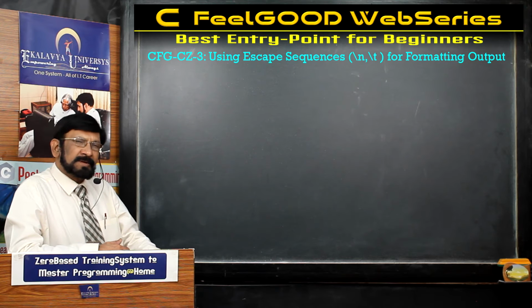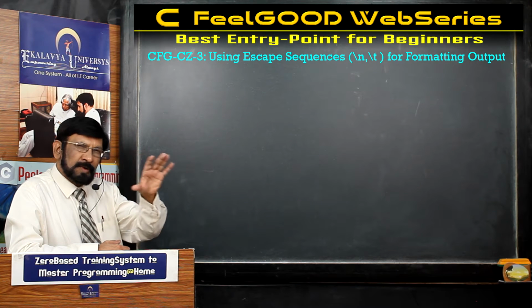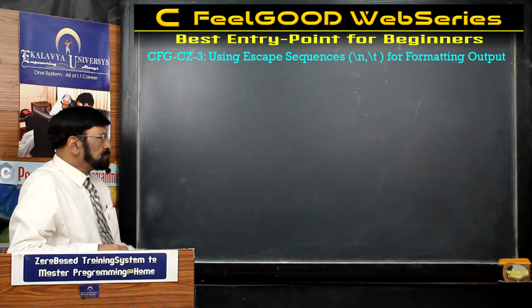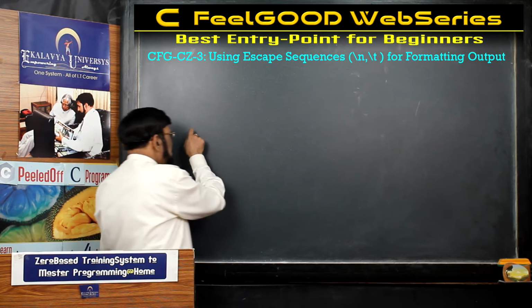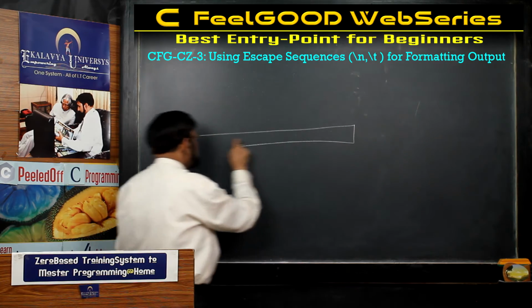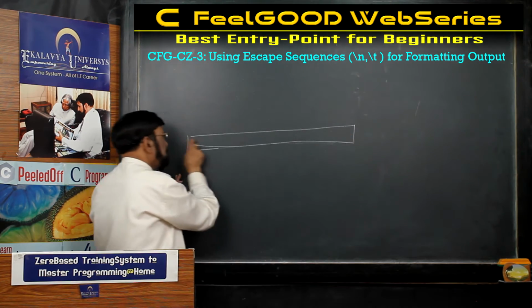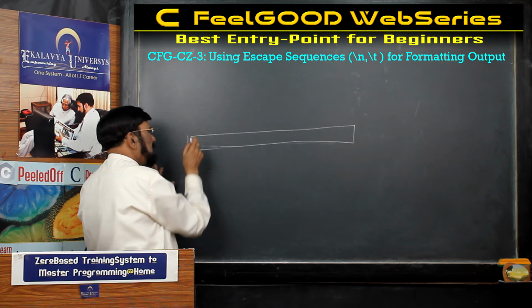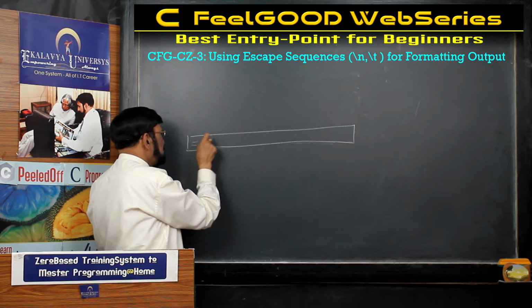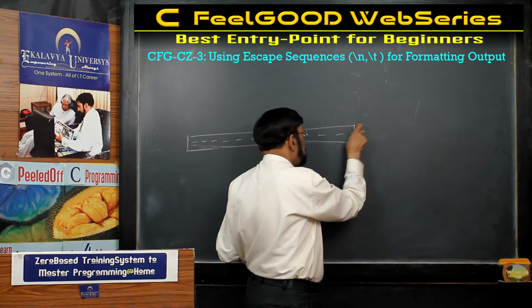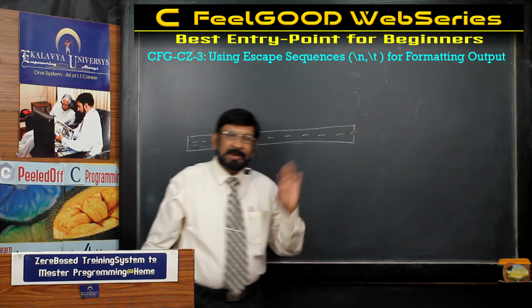Already, in the first training session, I showed you one marks report, a model marks report. In that, there are around 11 items. Now, all items I presented like this: 1, 2, 3, 4, 5, 6, 7, 8, 9, 10, 11, in a line.